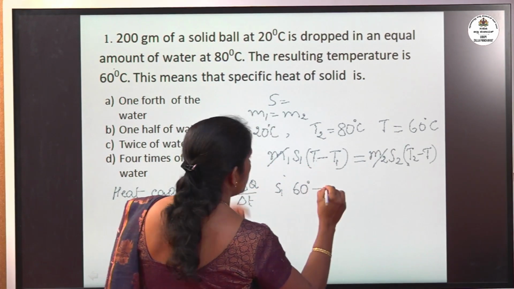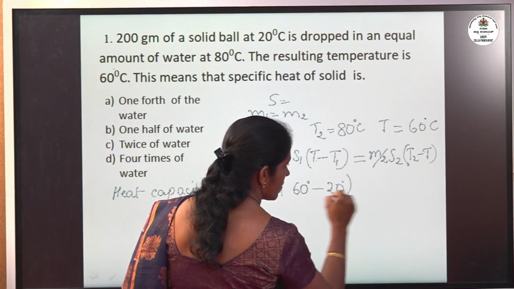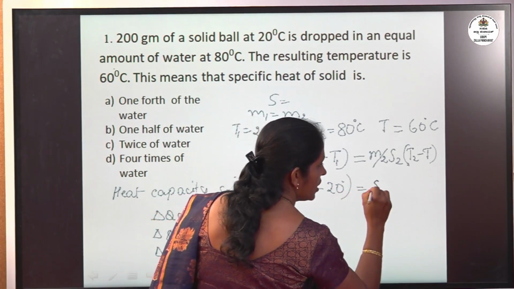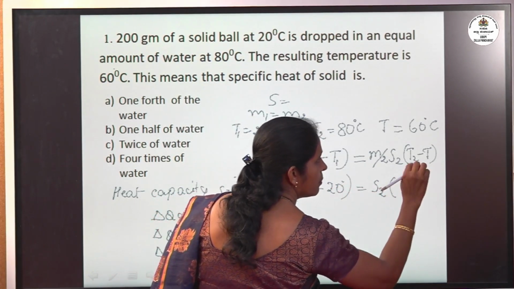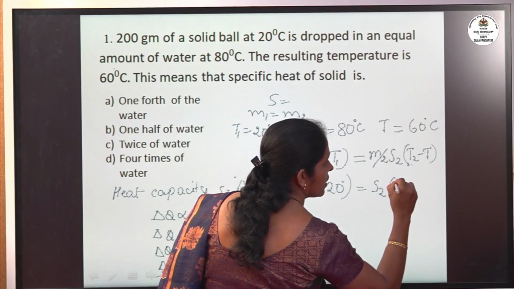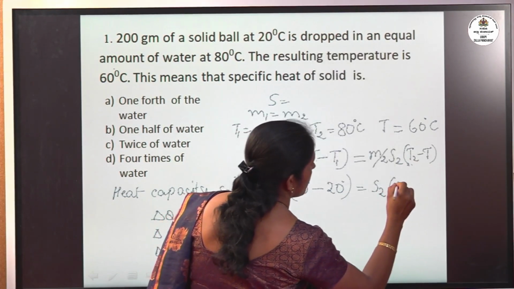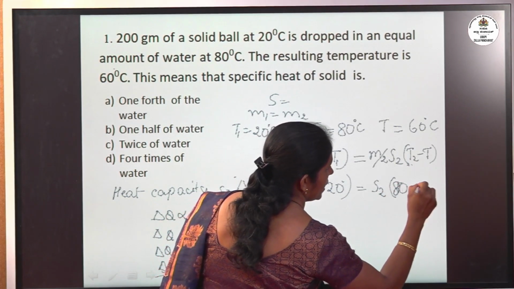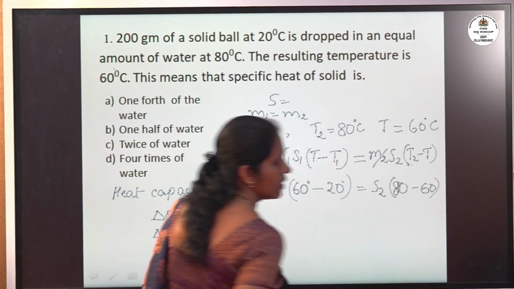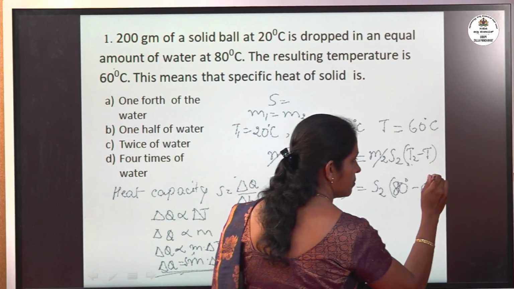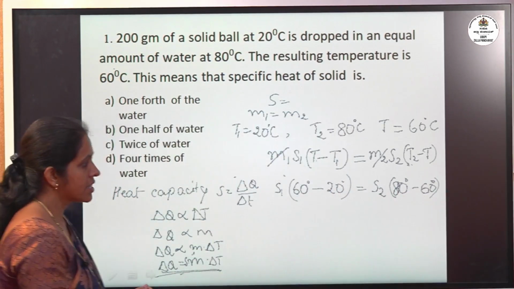Temperature of the cold body is 20 degrees Celsius is equal to S2 into temperature of the hot body is 80 degrees Celsius minus temperature of the mixture, 60 degrees Celsius.